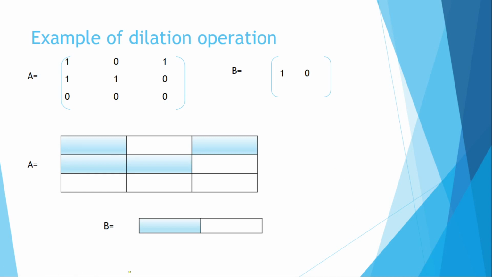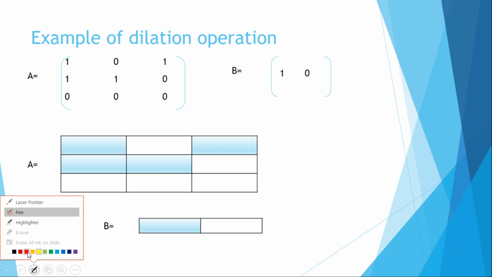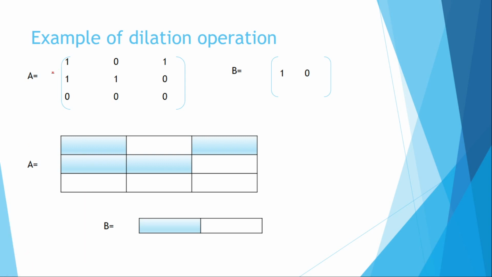So how can I do the analysis of the dilation operation in matrix format? We will see. I am considering a matrix of A. In this there are elements of image A having the values of 1, which is the object value, and 0 represents the background value.